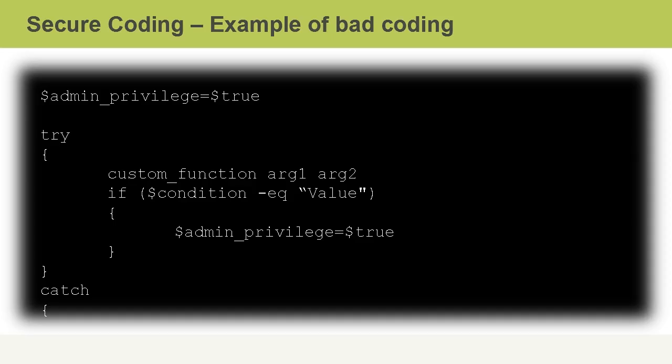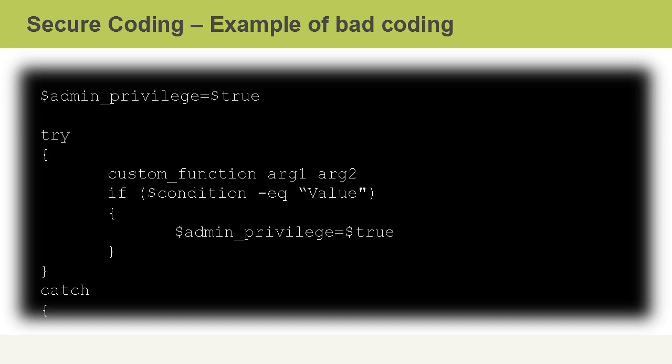As a simple example, consider the code on the screen where an admin privileges variable is being set to a value of true. Then we've got a try catch block, which captures runtime problems or errors. And here we're running a custom function and giving it some arguments, but then there's an if statement testing a condition, and essentially it is setting the admin privileges variable again to being true.